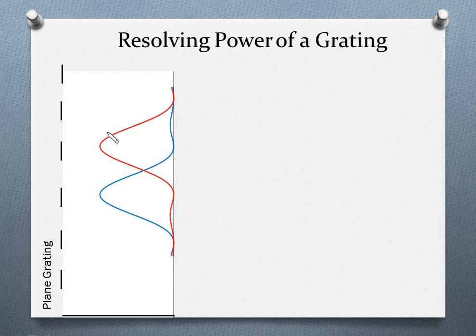We are considering the mth order principal maxima, or pth order, you can say anything, but not the central maxima, because the central diffraction maxima is independent of the wavelength of light.